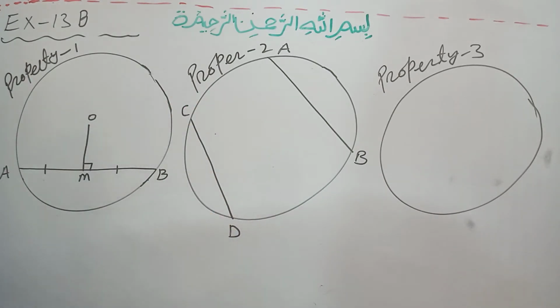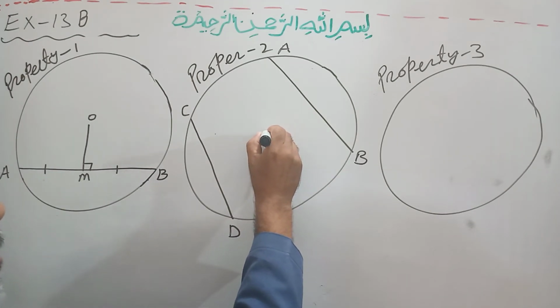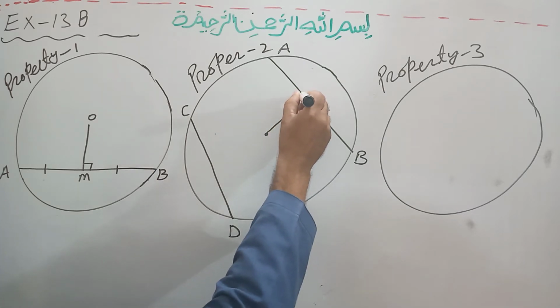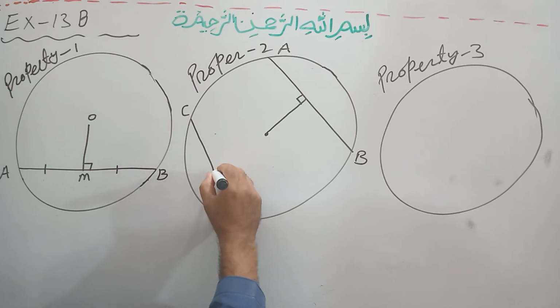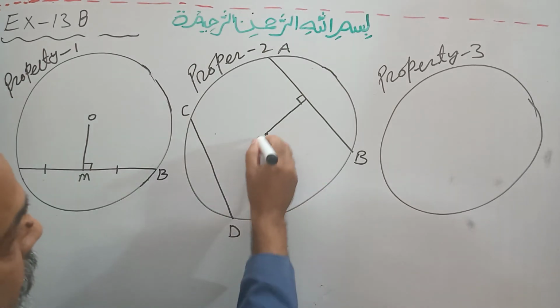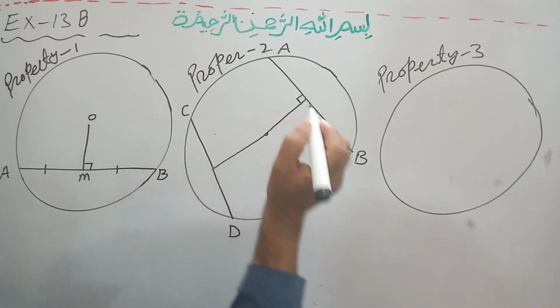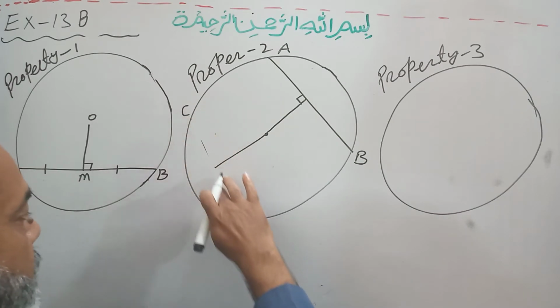If the chords are equal in length, then they are equidistant from the center of the circle. Their distance from the center of the circle is equal. They are equidistant.